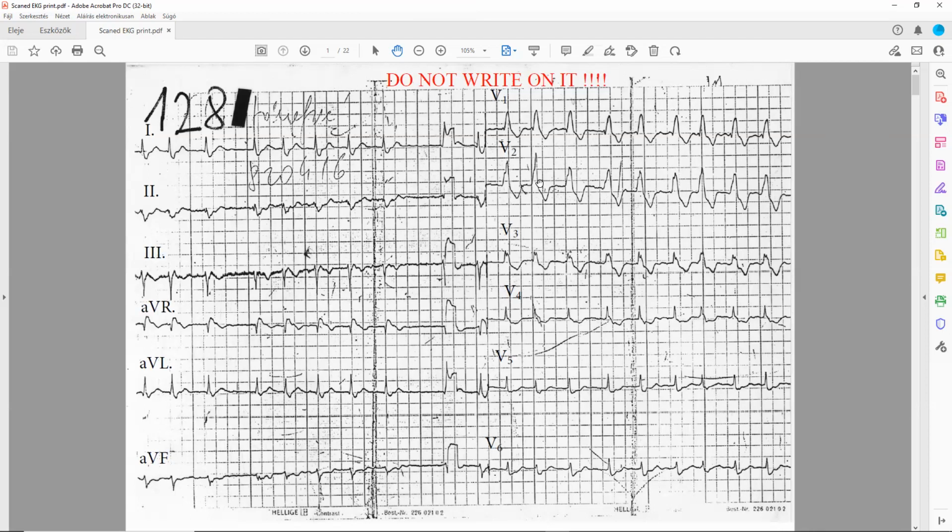Now, what does it mean when we do have an extreme left deviation plus a right bundle branch block? No idea. Pathological left deviation can be due to, for example, anterior hemiblock.